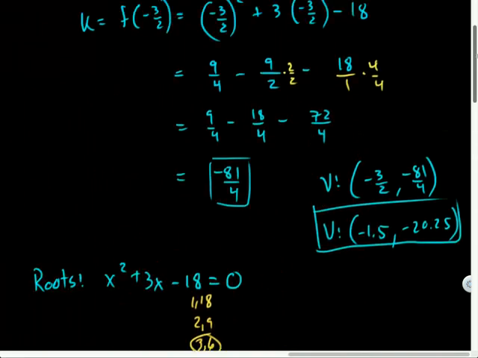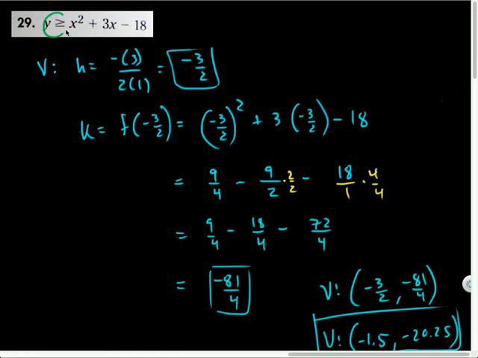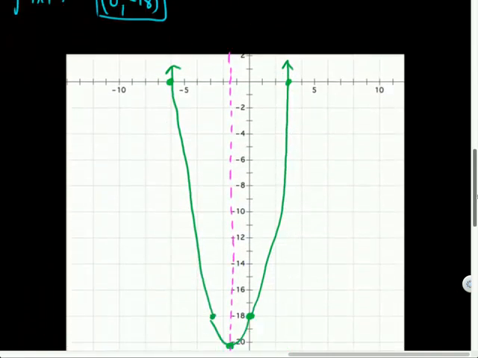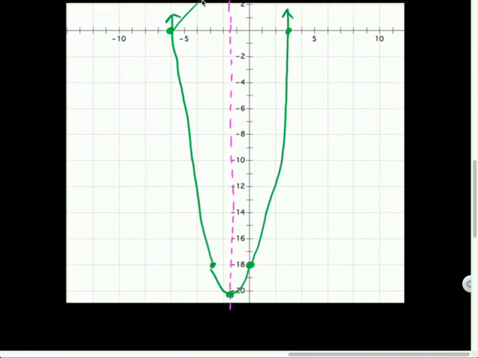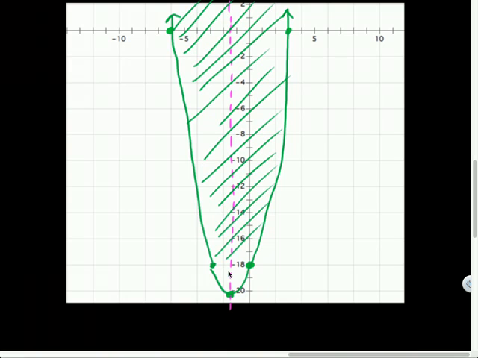I wouldn't say inside or outside of parabolas. It's better to analyze above or below because you're less likely to make a mistake. So y is greater than or equal to this parabola would be the points above it. So shading above does happen to be on the inner part of the parabola, I agree.